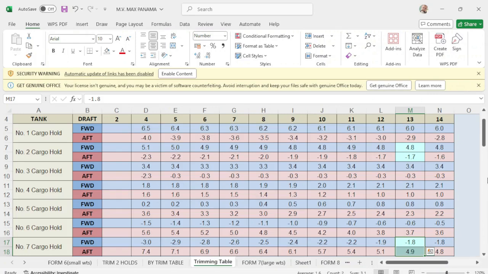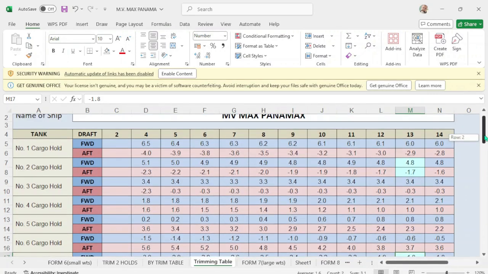Take note, guys. In hold number 2, in drop 4 to 9, this is a small difference. It's decreasing until 13 is 4.8.